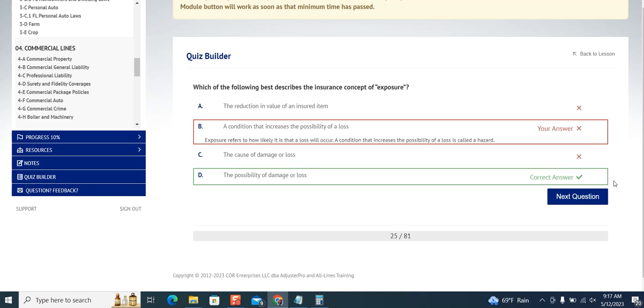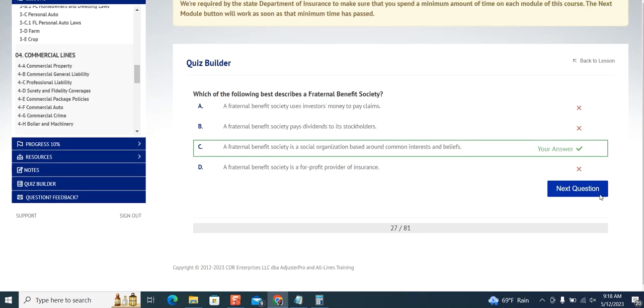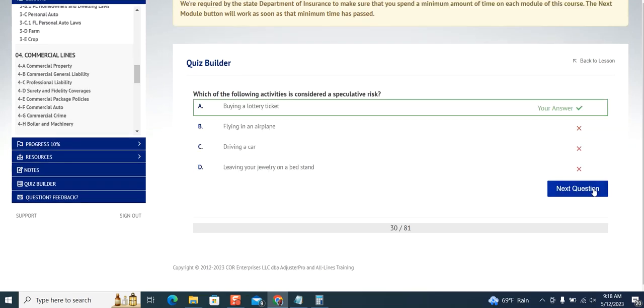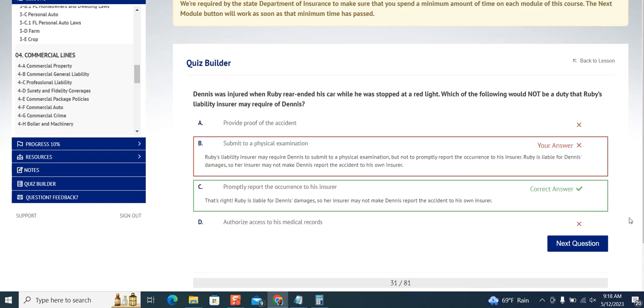Which of the following best describes the insurance concept of exposure? The possibility of damage or loss. Okay, that's something I gotta memorize. The possibility of damage or loss is exposure. Dennis was injured.